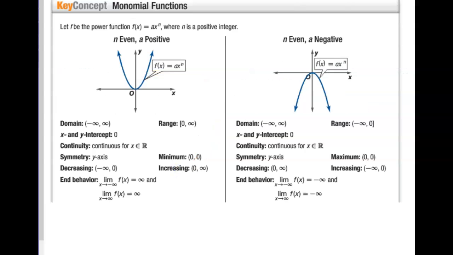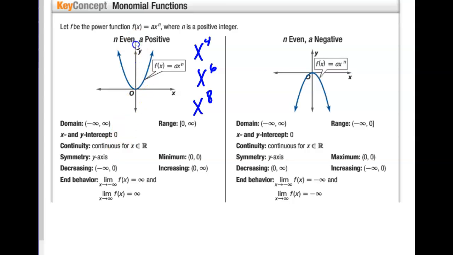So anything that is a power function with a positive integer that's even will look like this. So if I had an x to the 4th, or an x to the 6th, or an x to the 8th, they would all have this shape. And you will have to be able to tell me the domain, the range, the intercepts, that it's continuous.